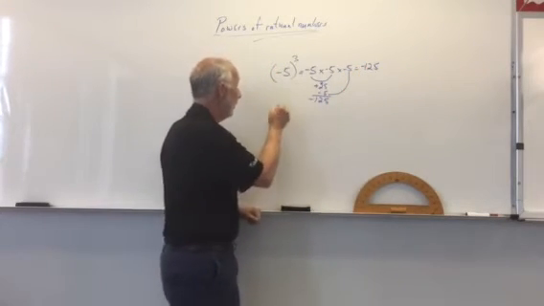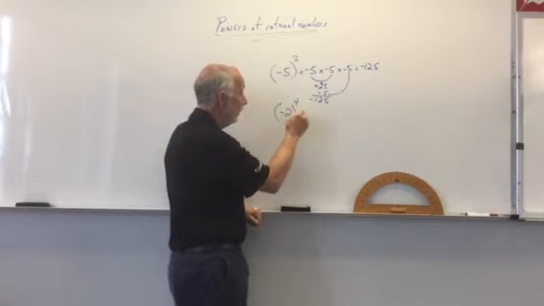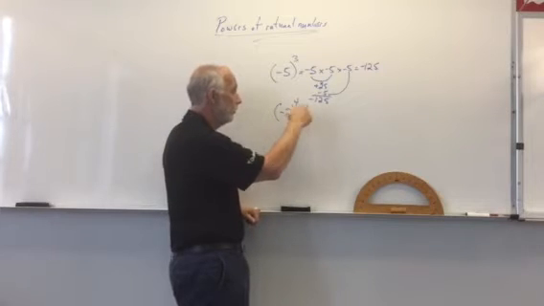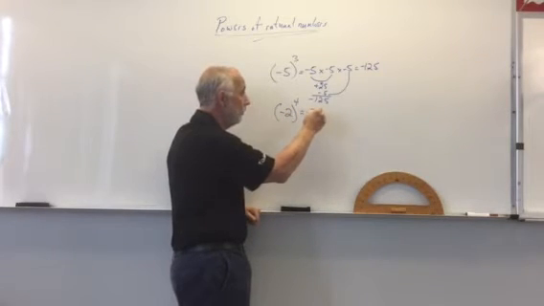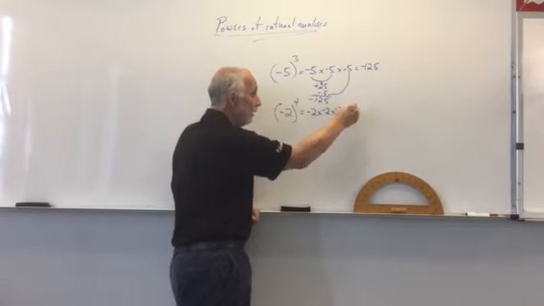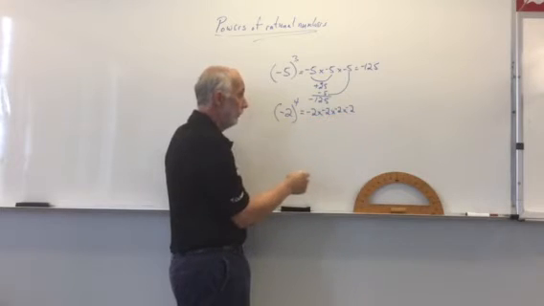Or if you had something like a -2 to the 4th power, again, this is the number that's going to do the work, and this is how many times you're going to use it. So this is a -2 times a -2 times a -2 times a -2. How many 2's? 4 of them.